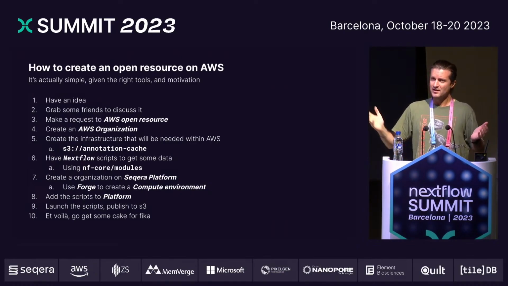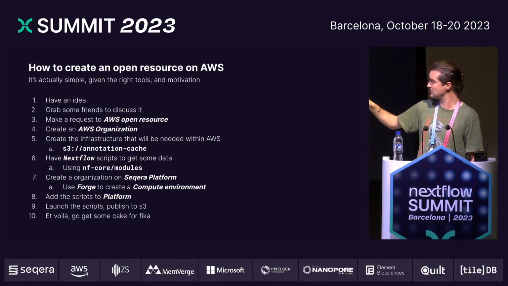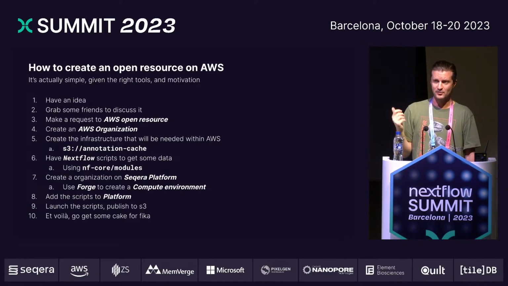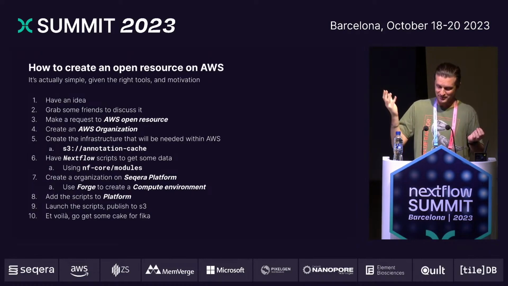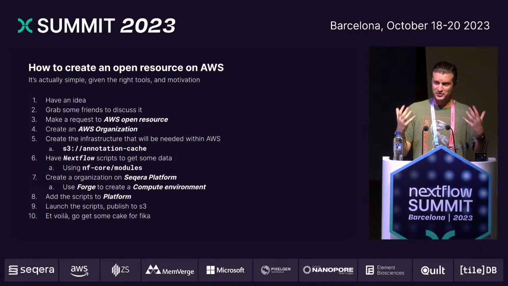We already have some scripts written in Nextflow, in nf-core modules, that we can use to download the cache. So that's simple. I'm fairly lucky to work at Seqera, so I know that we have this wonderful platform called the Seqera Platform that we can use to create a compute environment for me on AWS.